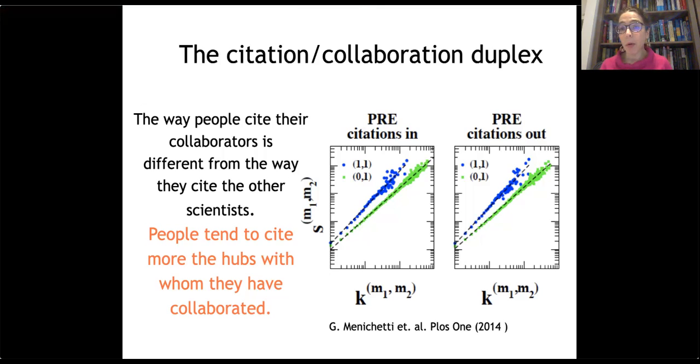This is somewhat intuitive, but it is a very strong proof of concept that with a multiplex network, you can extract more information than with a single layer in isolation, because it allows you to condition on the presence of the overlap, and therefore to extract information that would be very difficult to extract given only the citation network.